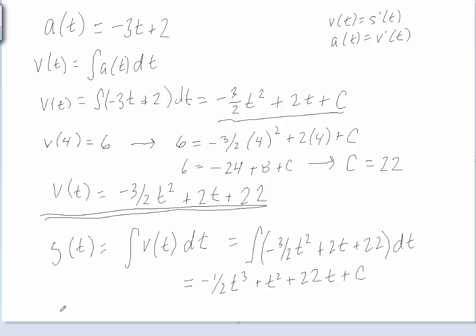And then to find the constant, suppose that at time t equals 0, position is 0. That would give us a constant of 0. And so the position function is simply that.